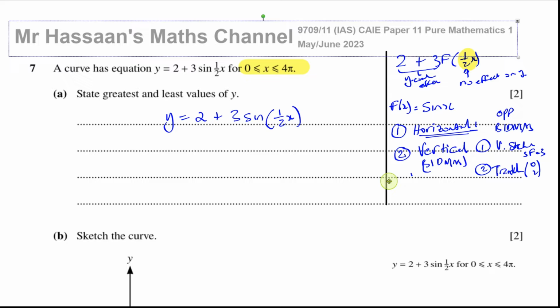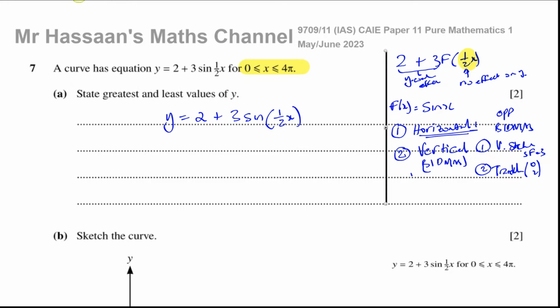All right, so now, having understood this won't have any effect, what we can think about is that the sine of a half x, its greatest value is equal to 1 and the least value is equal to minus 1.